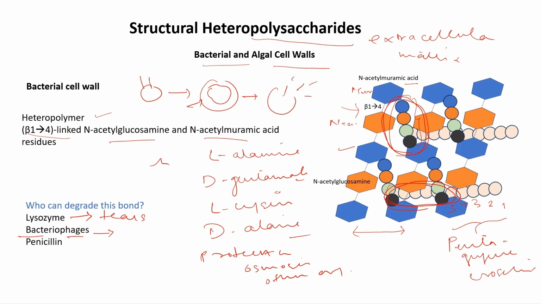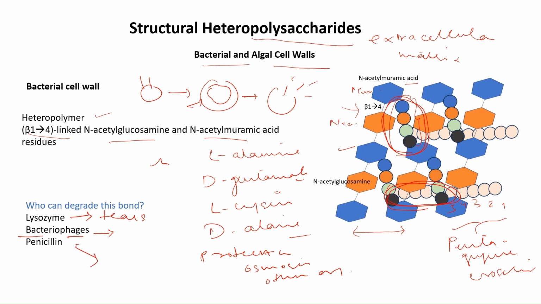So, to come out from the bacteria, it should degrade the beta-1,4 glycosidic bond. If it degrades the beta-1,4 glycosidic bond, the cell wall will break open and the phages will release out. So bacteriophages also have the capacity to degrade this bacterial cell wall, because until and unless they degrade the cell wall, they cannot come out and they cannot complete their life cycle. So bacteriophages can degrade the bacterial cell wall, which is made up of N-acetylglucosamine and N-acetylmuramic residue.